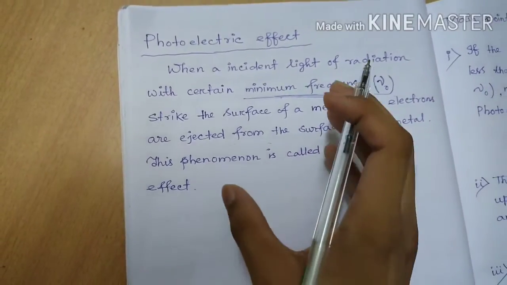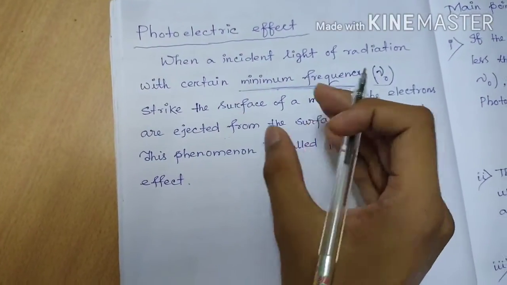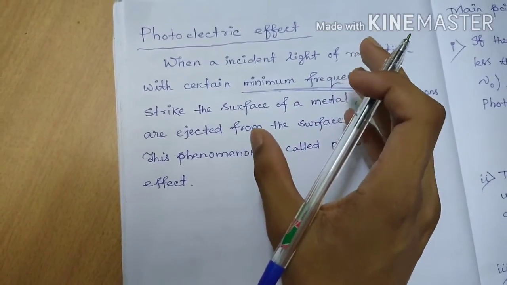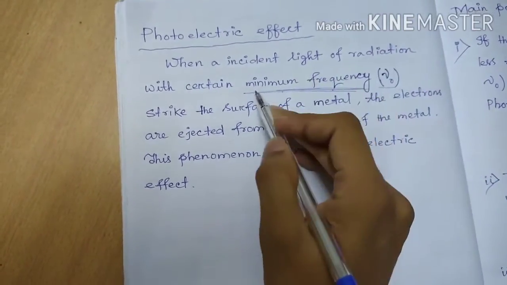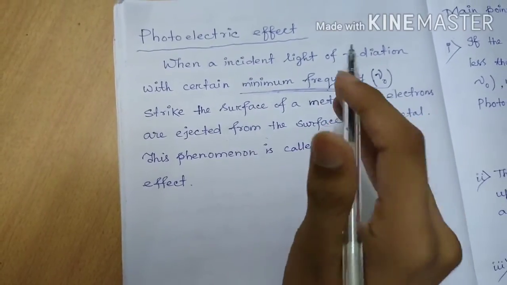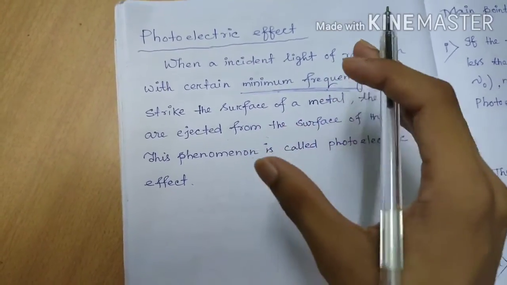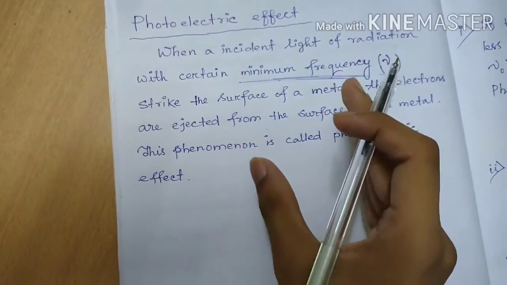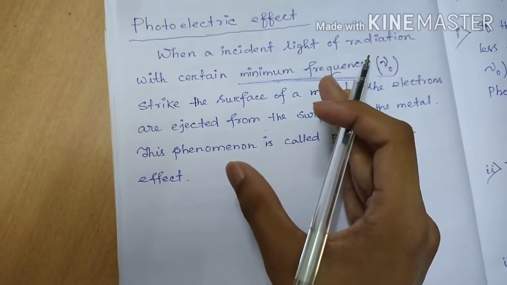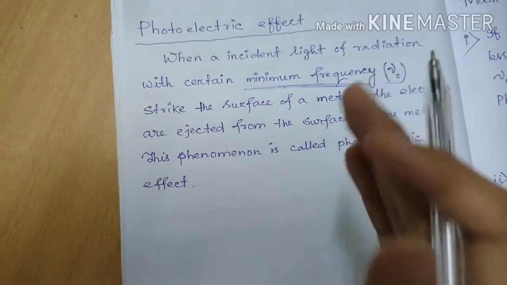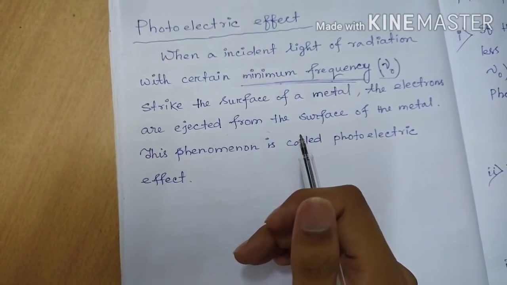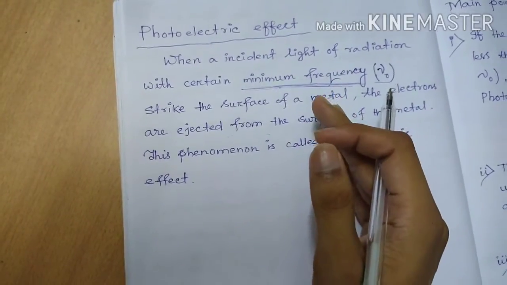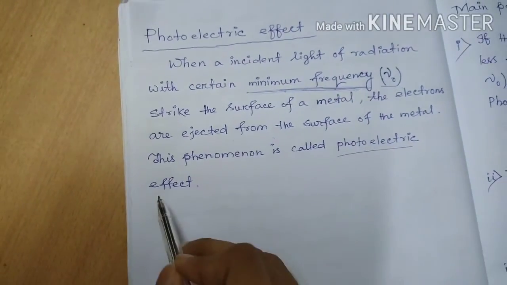That means when incident light with this certain minimum frequency strikes the surface of any metal, the electrons present on that surface will be ejected, and that phenomenon is called the photoelectric effect.